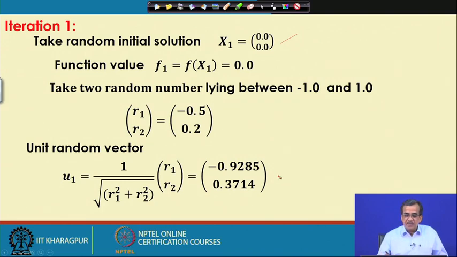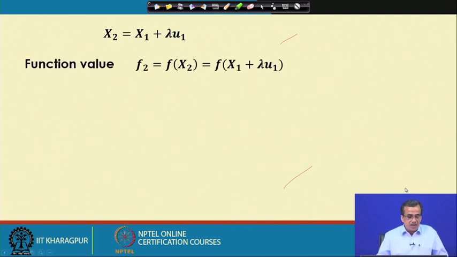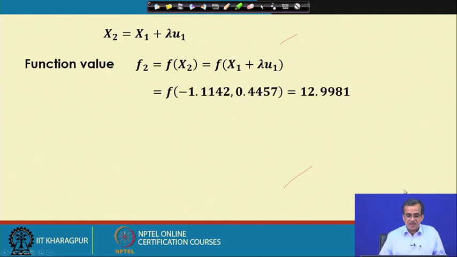I will be getting the numerical values like this. The next is, x 2 is nothing but x 1 plus lambda u 1, then function value f 2 is f of x 2, and that is nothing but f of x 1 plus lambda u 1.